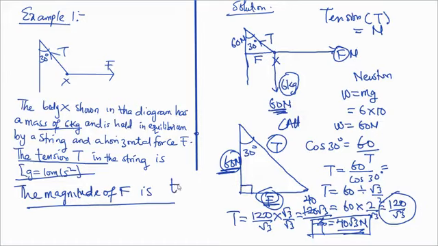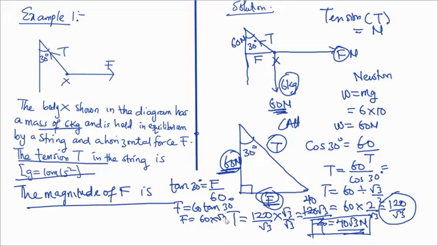So we have tan 30 degrees is equal to F over 60. That is opposite over adjacent. So our F now is 60 tan 30 degrees. What's our tan 30?